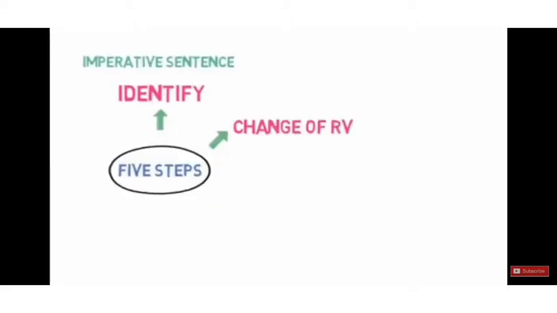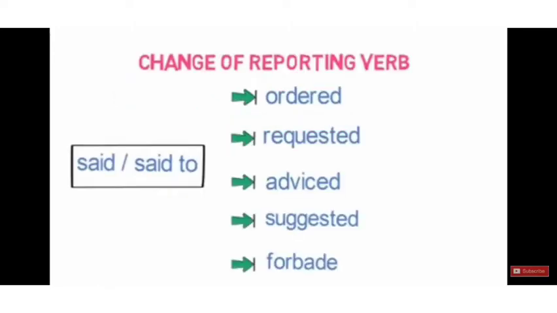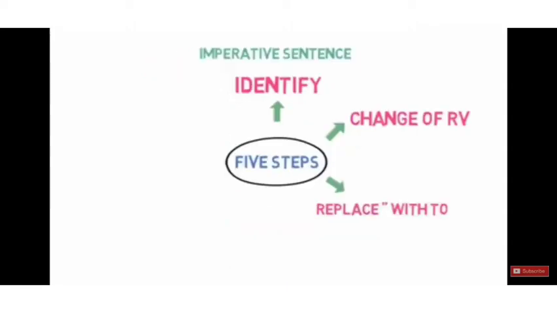Step 2 is the change of reporting verb. The reporting verb will change as per this workflow. Said or said to will be converted into ordered, requested, advised, suggested or forbade as per the meaning of the sentence. Step 3 is replacement of the inverted commas with the conjunction to.